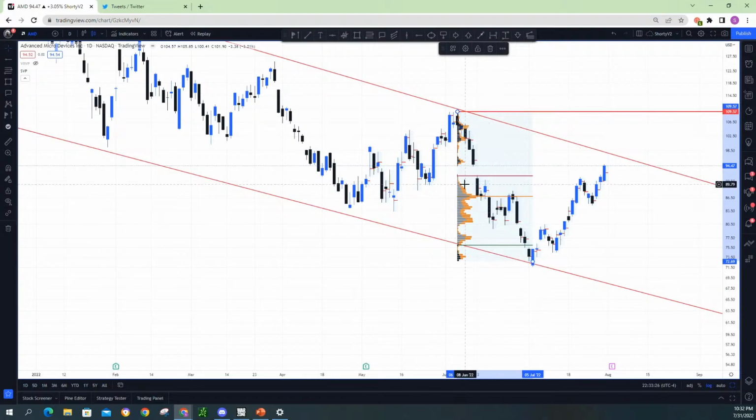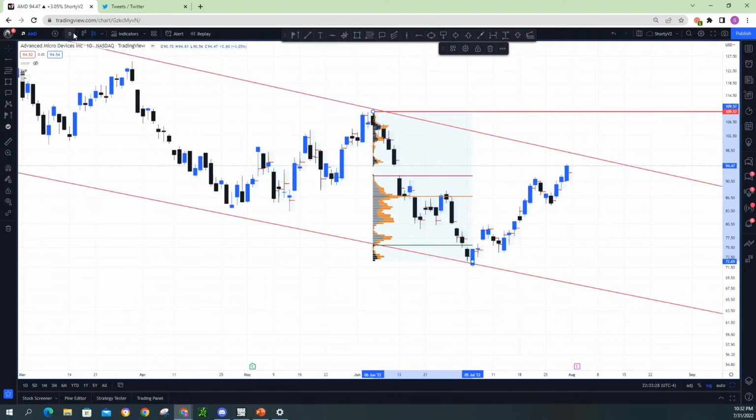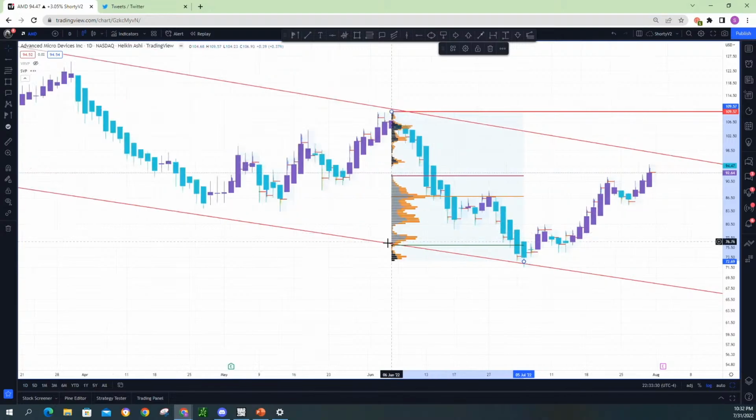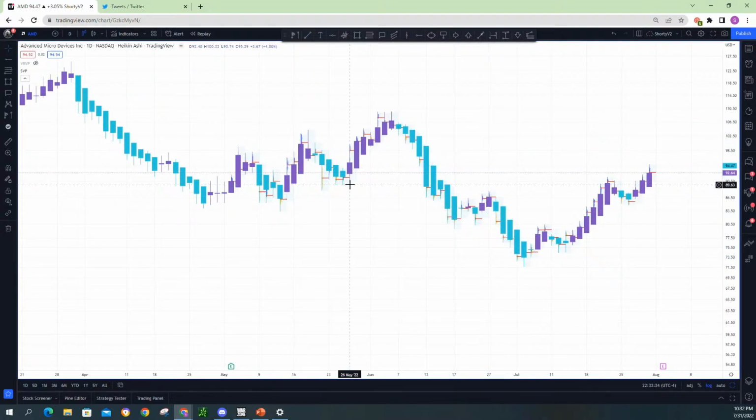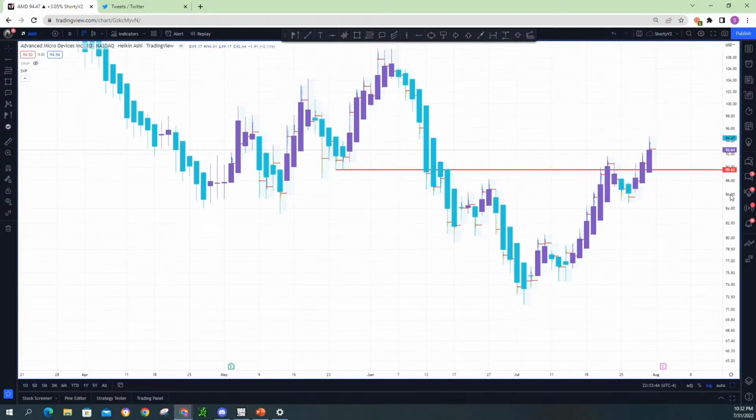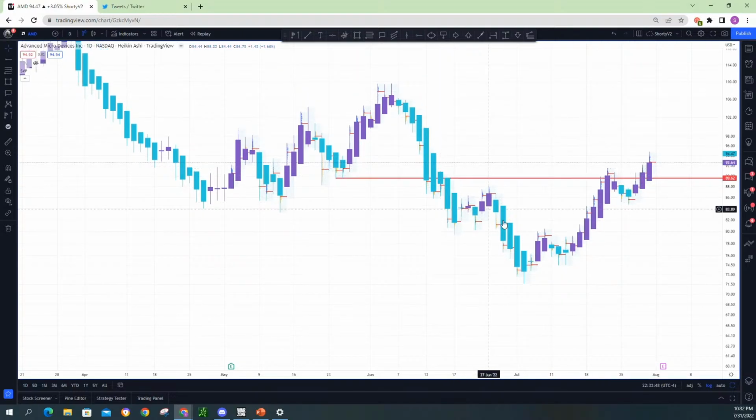So here's this run, and now if I switch this, I'll delete this and show you. This run was the previous support, right here. We struggled, and now it looks like a cup and handle, at least to me, or an inverse head and shoulders, whatever you want to call it.